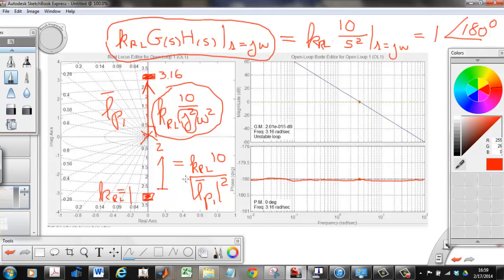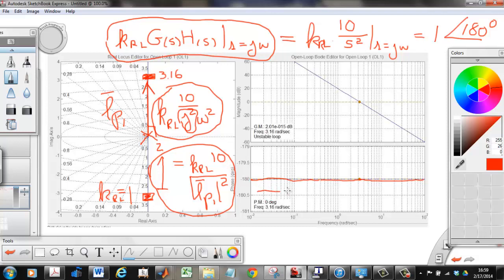That's what you get out of Sisotool. So therefore, I can say that K_RL is equal to LP squared over 10. If K_RL is equal to 1, then the magnitude of LP is going to be the square root of 10, which is 3.16.